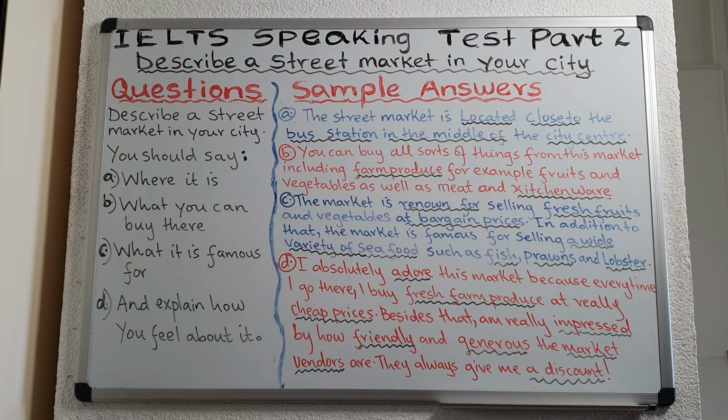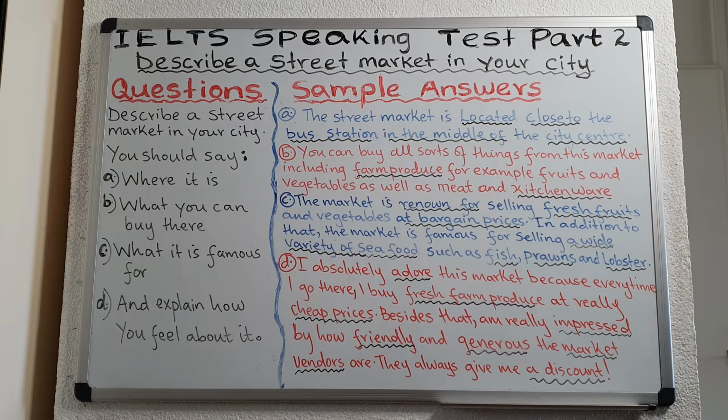Now let's move on to question C: what it is famous for. In that question, the examiner wants you to tell him or her what makes that particular market unique. What does everybody know this market for?